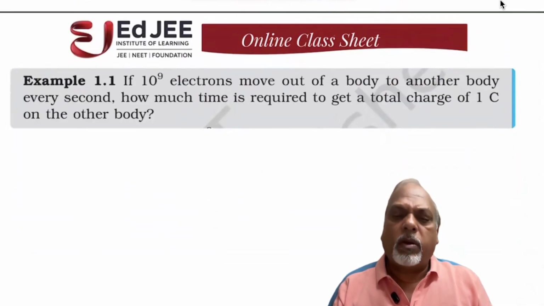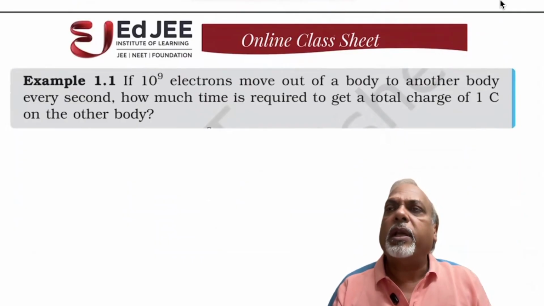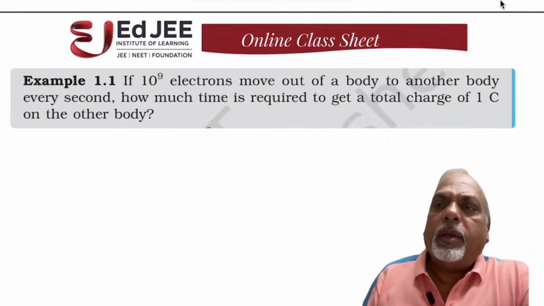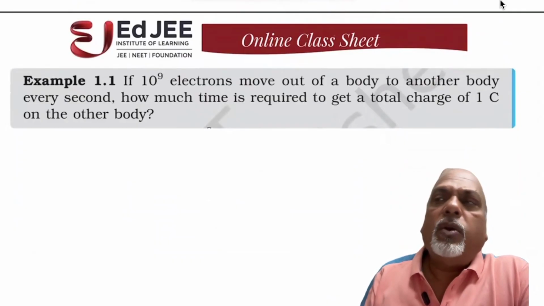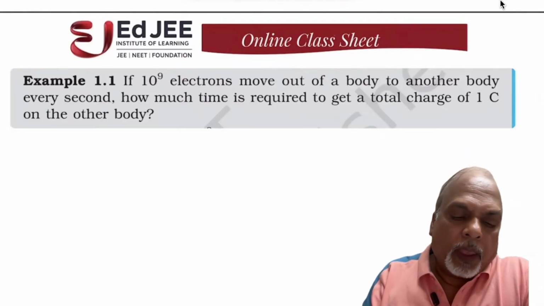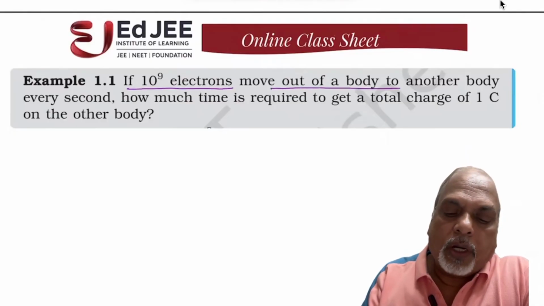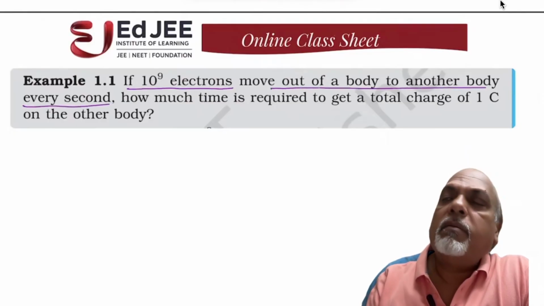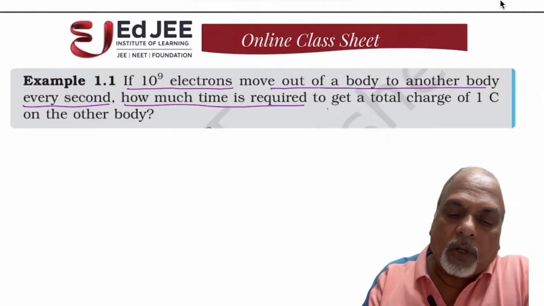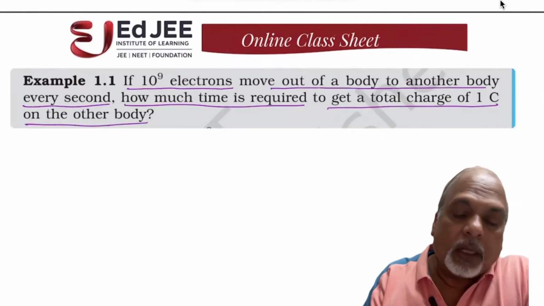Here, a few questions are also given in your NCERT book as examples. Since I am making the complete NCERT book for chapter 1 in this video, I am covering these also. So let us see these questions. If 10 raised to 9 electrons move out of a body to another body every second, then how much time is required to get a total charge of 1 coulomb on the other body?